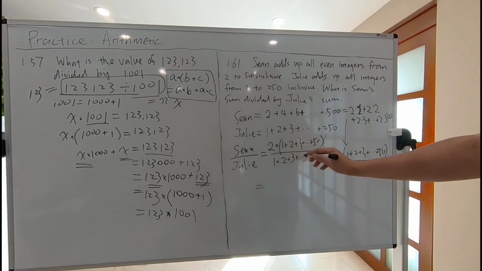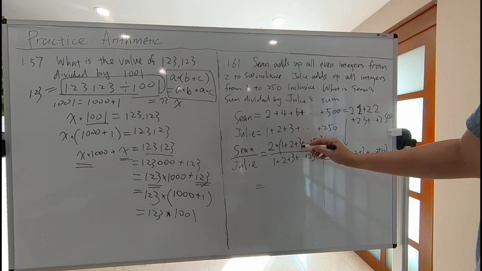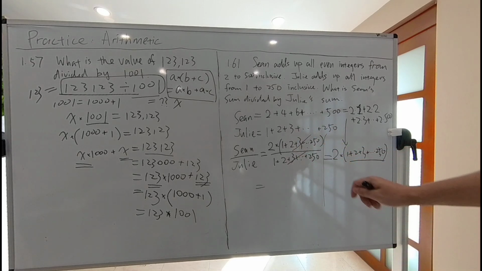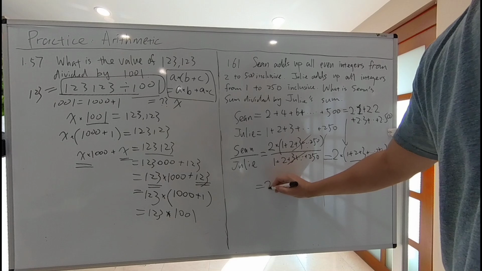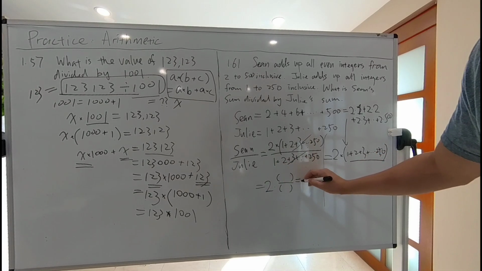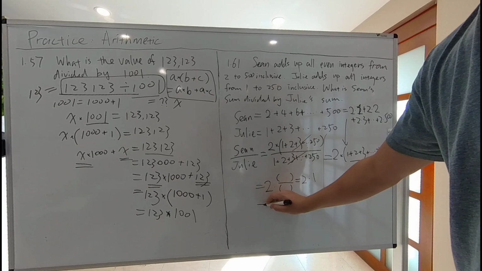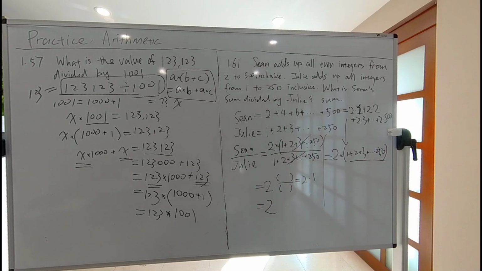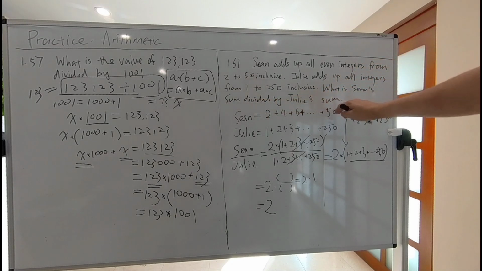These two terms are exactly the same, so they can be divided, or as we usually say, cancel out. Cancel out means they are divided by each other and equal to 1. So eventually the result is 2. Sean's sum divided by Julie's sum is equal to 2.